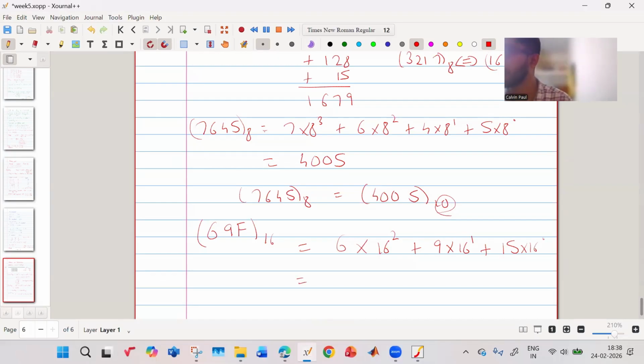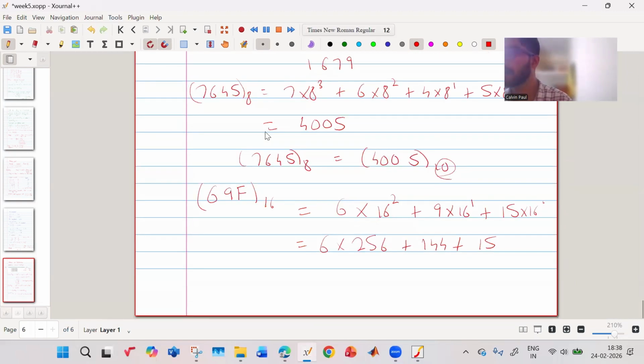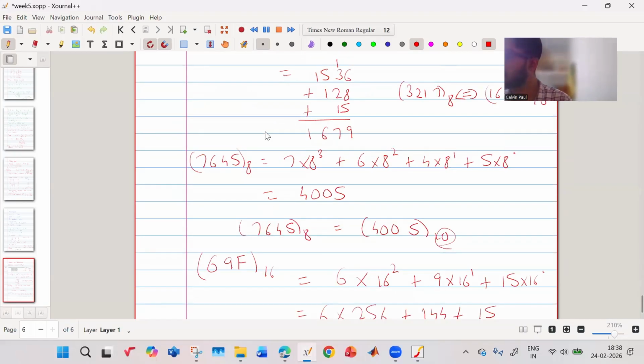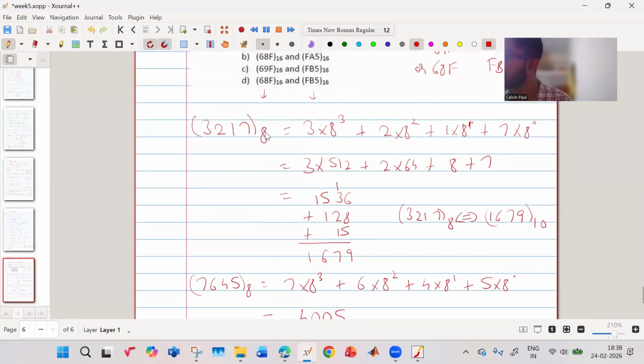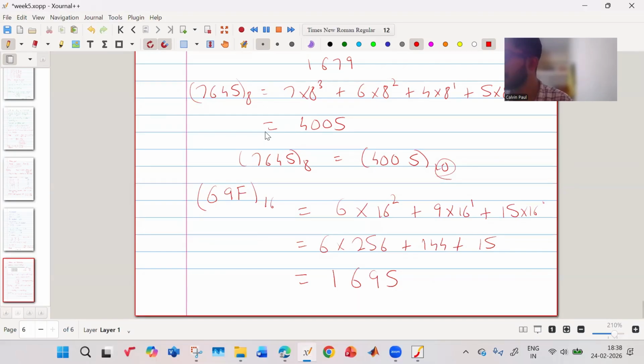So this is 6 into 256 plus 9 into 16, which comes out to be 144, plus 15. So the magnitude comes out to be 1695. Now, I want you to note that this is 1679, this is 1695. They don't match.